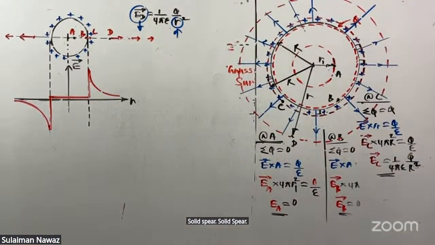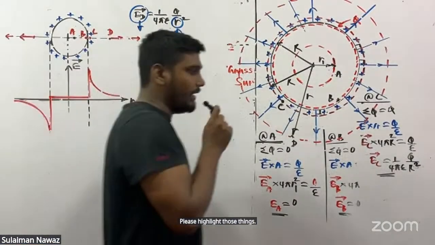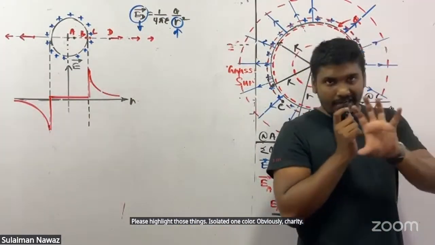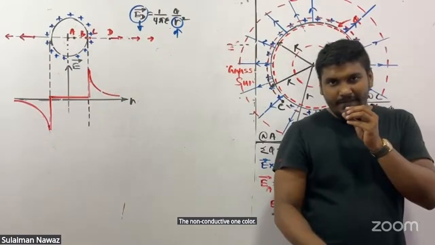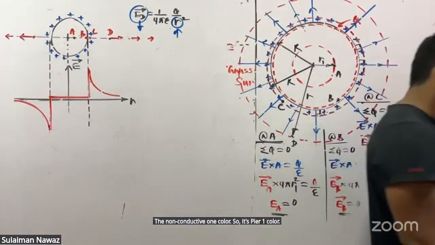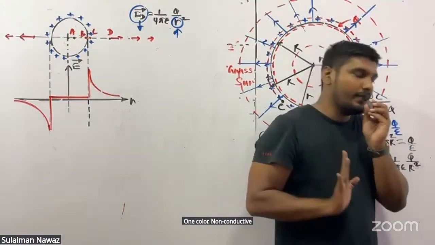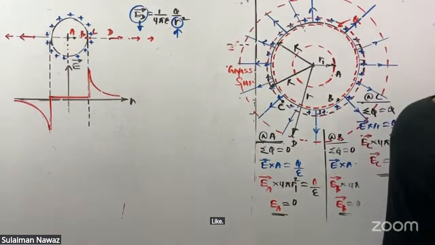Please highlight those things: isolated in one color, charged in one color, non-conductive in one color, solid sphere in one color.